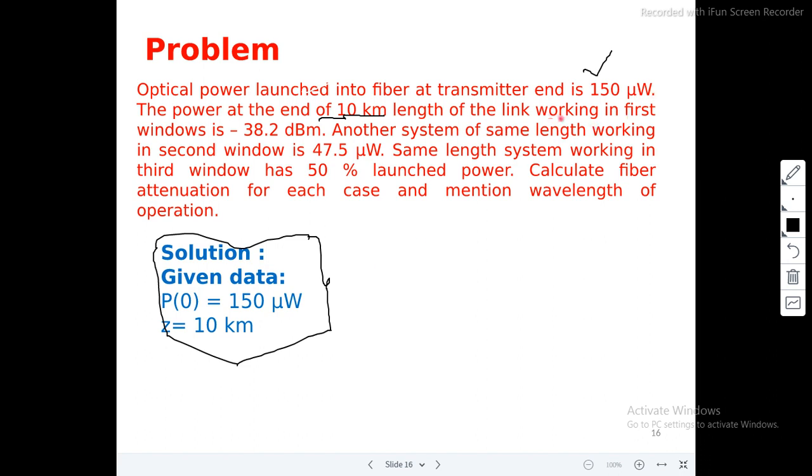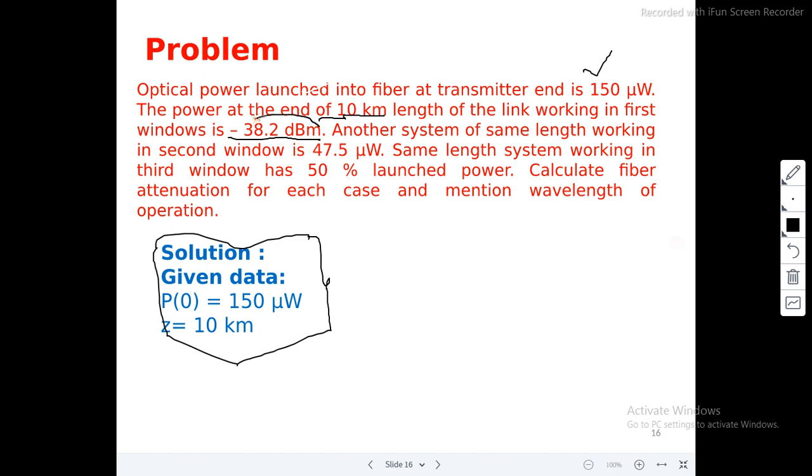Here the attenuation loss given in the first window is minus 38.2 dB per meter.